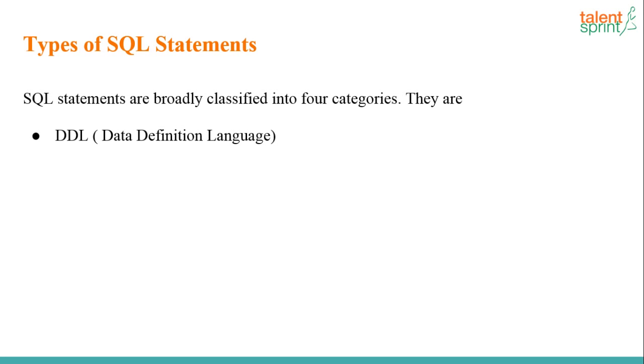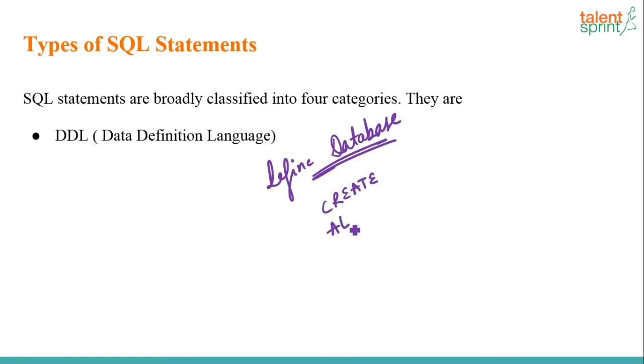Okay, so data definition language means the commands that are used to define your database. Right, so when you're starting to create a database, these commands are used to define the database. So create your database. Say you want to change something in the database, so alter database.